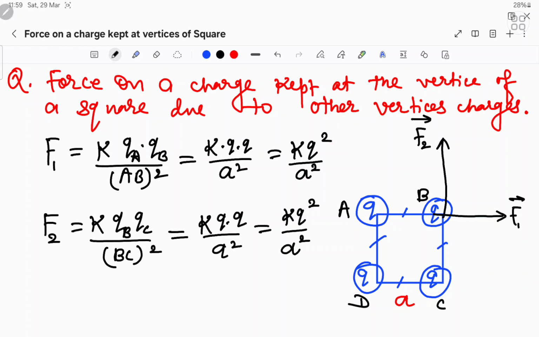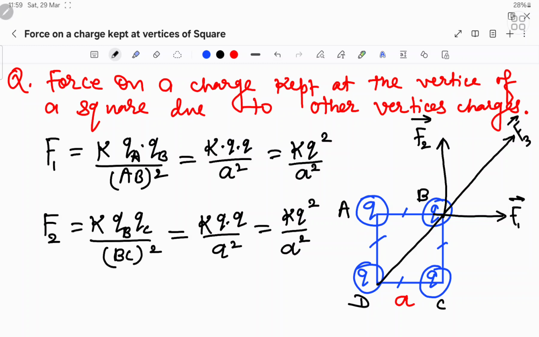So what will be the force on charge B due to the charge at D? This is the force going in this direction. This is said to be the F3 force. What will be the magnitude of F3?